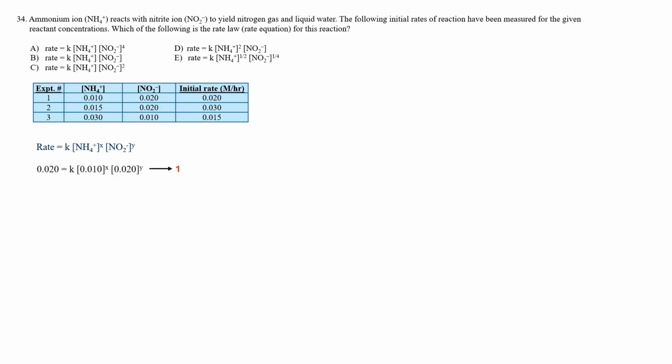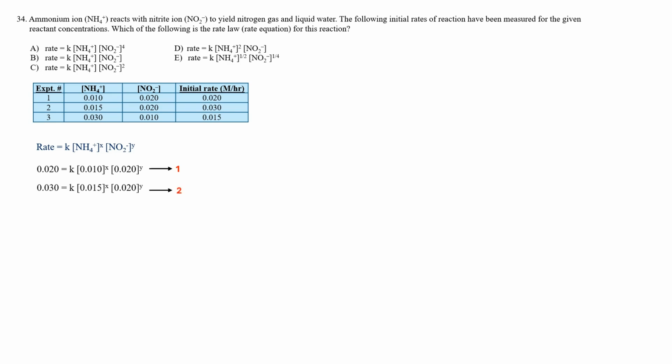Then let's pick experiment 1 values. Initial rate is 0.02, equal to the rate constant times ammonium concentration, in experiment 1 it is 0.010, to the power X, times NO2- concentration 0.02 to the power Y. That is our equation 1. In the same way for row number 2 and the third row, let's write two more equations.